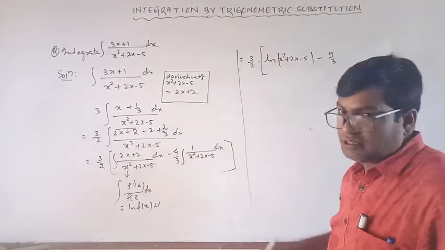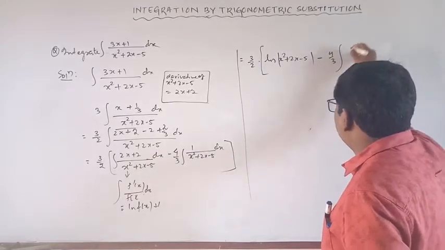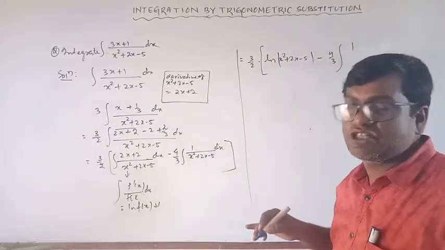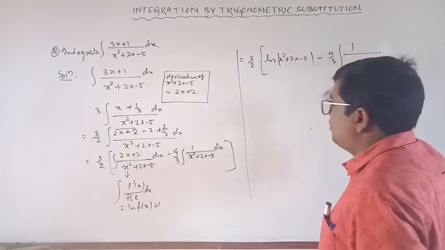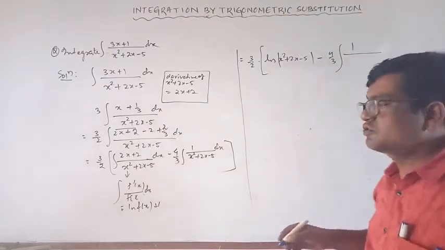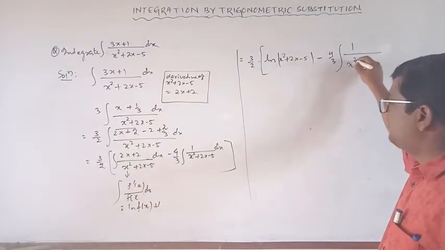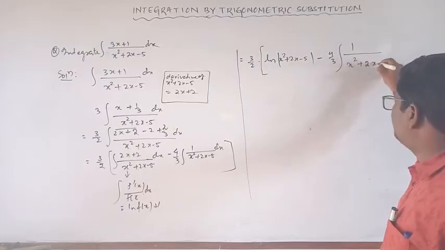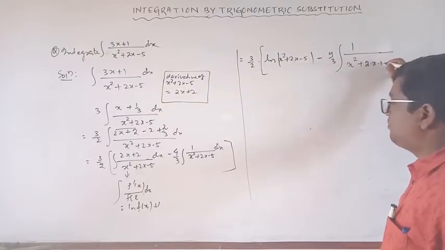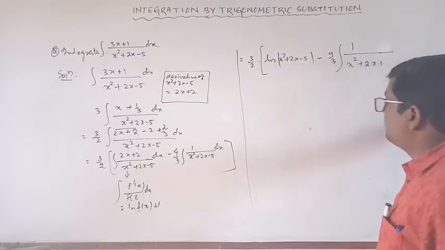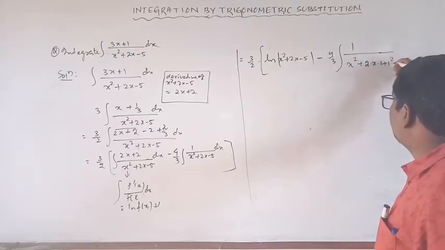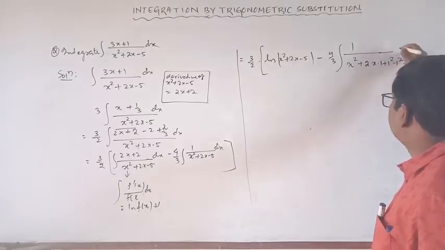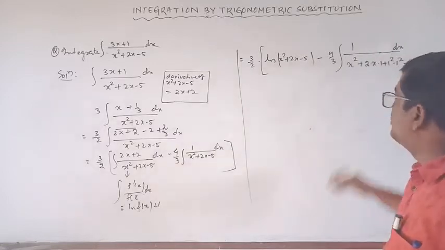Make perfect square, in the form 1 by ax square plus bx plus c. So what is perfect square? x square plus 2 into x into 1 plus 1 square minus 1 square minus 5 dx. Clear?